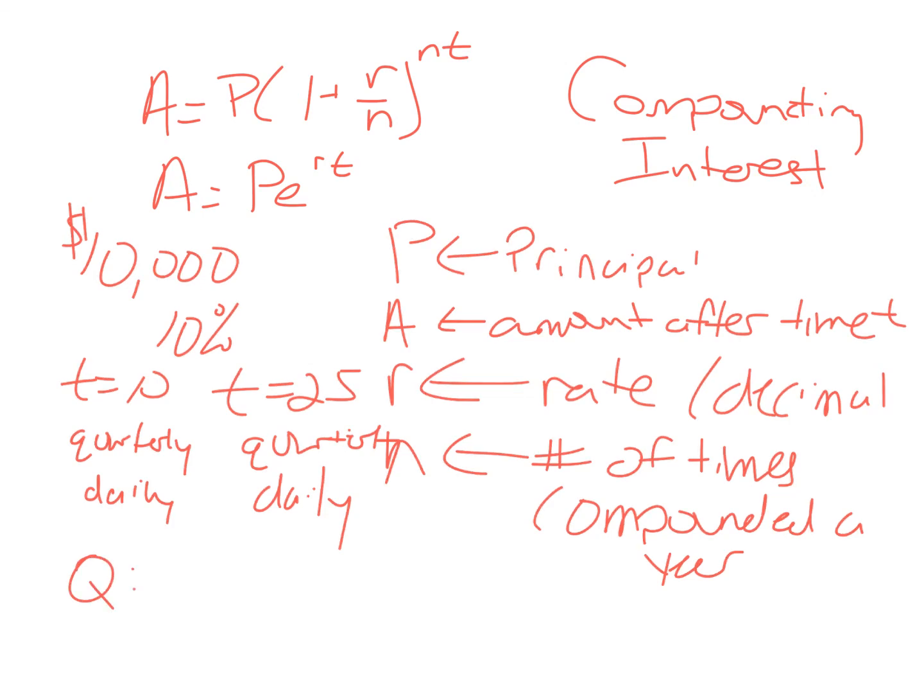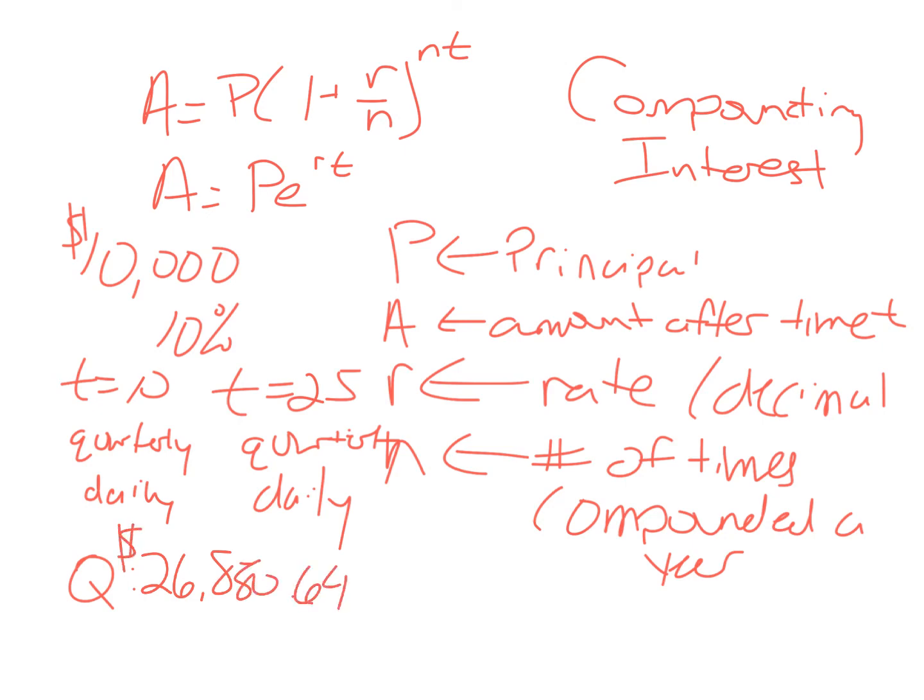So if I put all my information in, 10,000 is my P. My rate is 0.1. My n is 4 because it's quarterly. The t value depends on whether it's 10 or 25. We're going to do 10 first. You put that all in your formula, and quarterly after time t of 10 is $26,850.64.